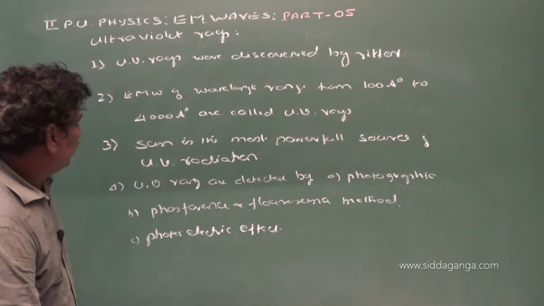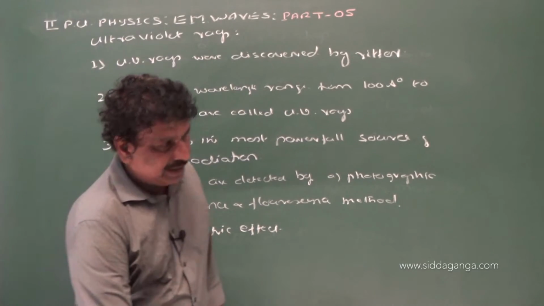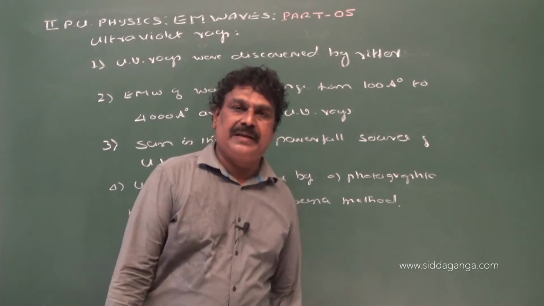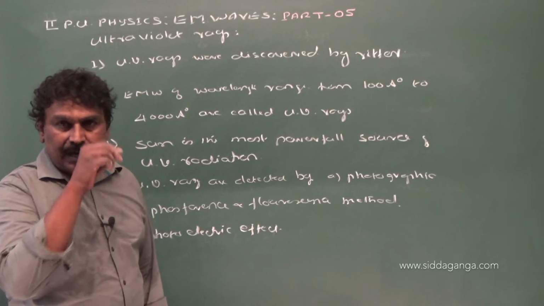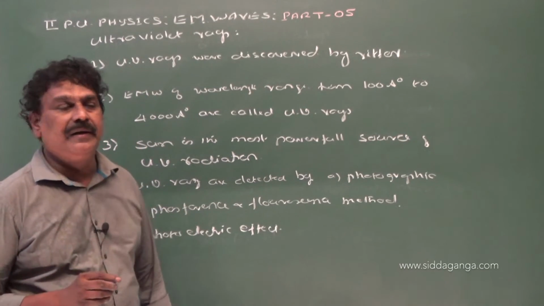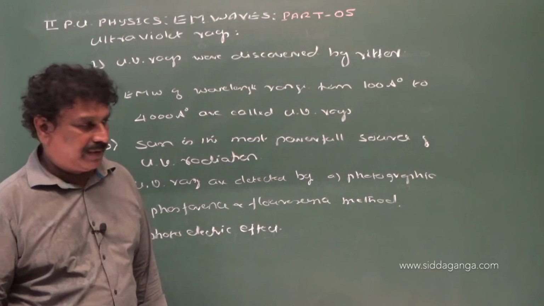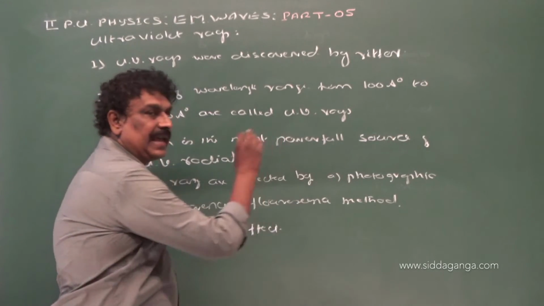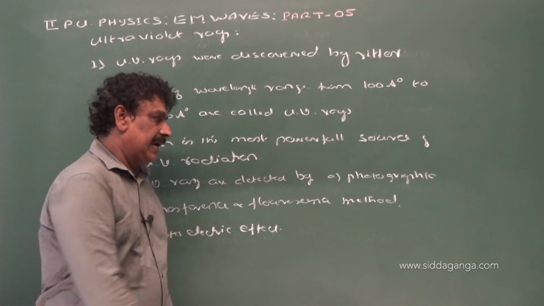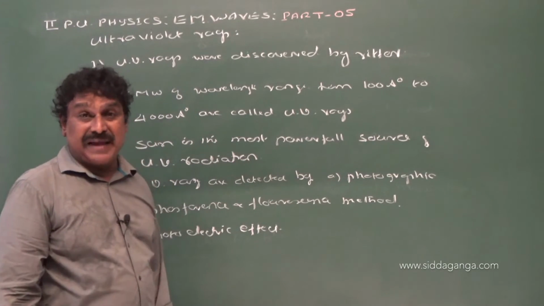Now, these ultraviolet radiations are detected by photographic plate. Just like infrared radiation, ultraviolet rays also affect the photographic plate when they fall on it. Now they expose the photographic plate. This technique is utilized in ultra microscopes.